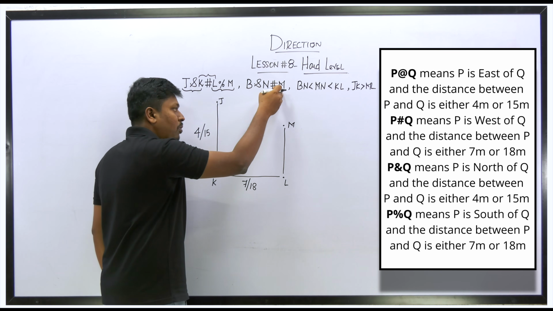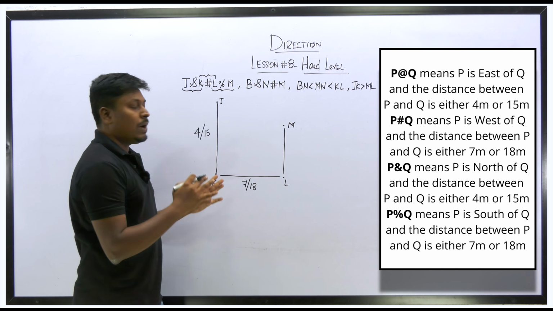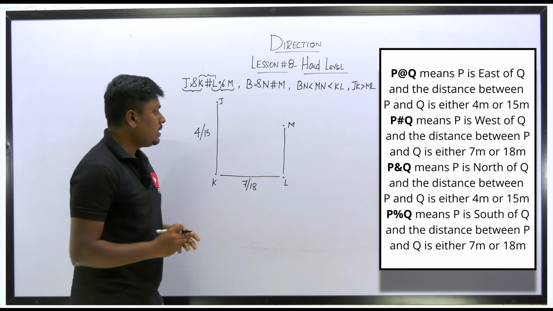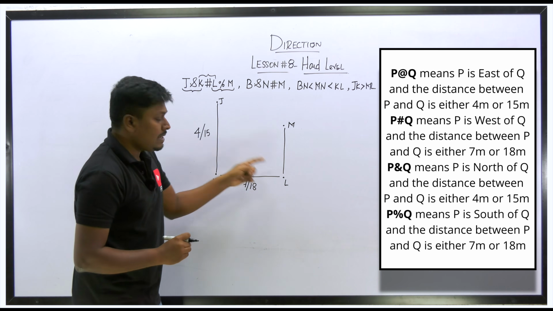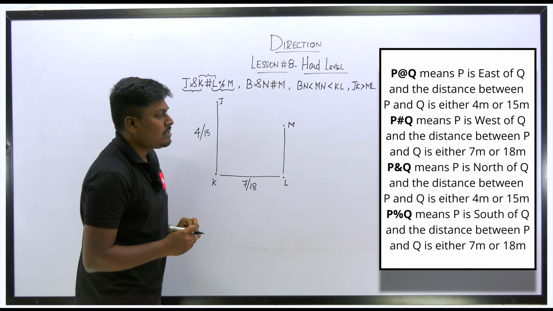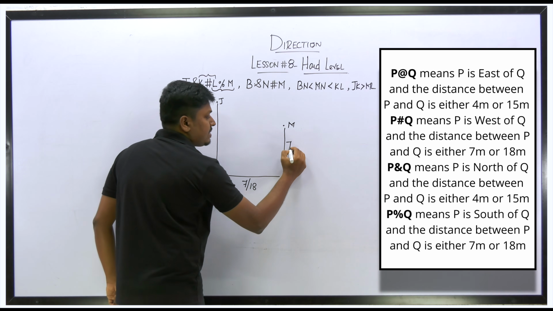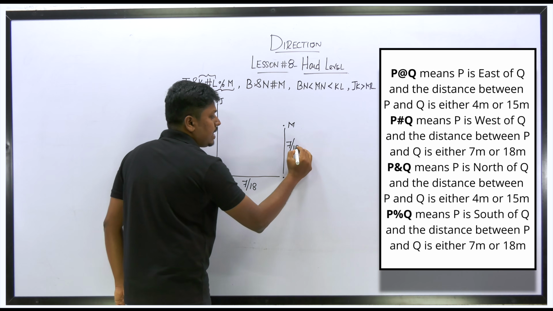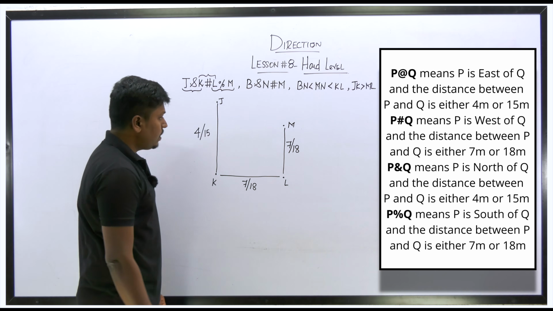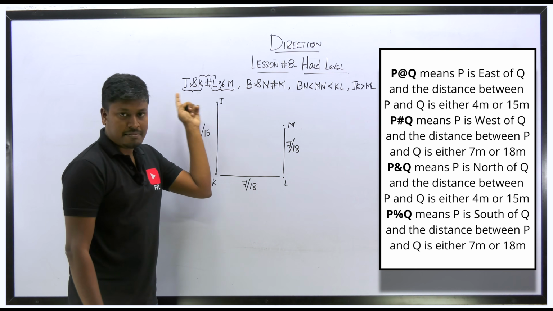You can either fix a point here or above J, whichever. At the final, you have to draw an exact diagram. Got it? So M southern side is L. What about the distance? If it is percentage, the distance should be 7 meter or 18 meter, right? So it can be 7 meter or else it can be 18 meter. Understood? Okay. So finally we have drawn the diagram for the first statement, right?